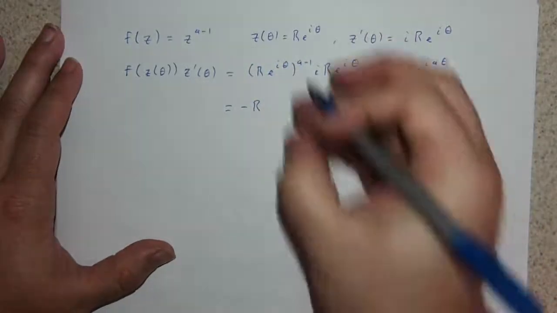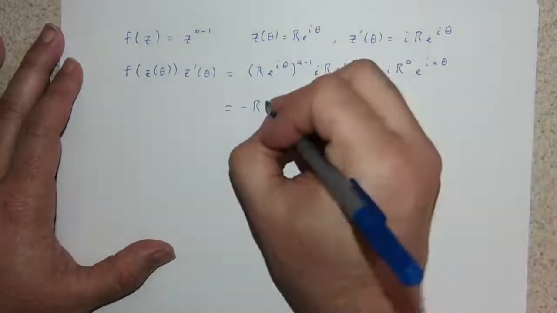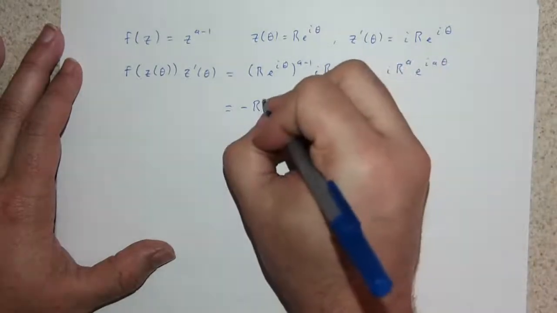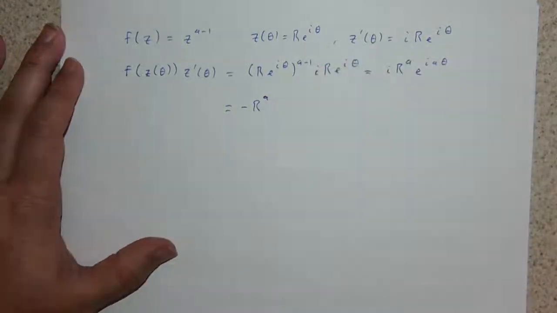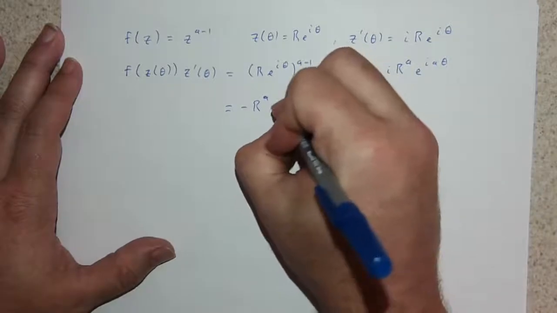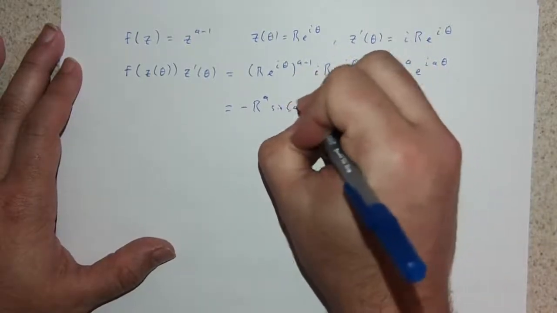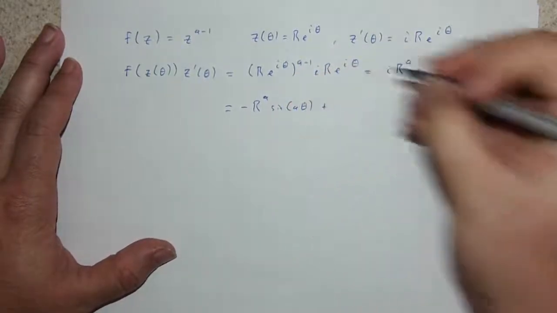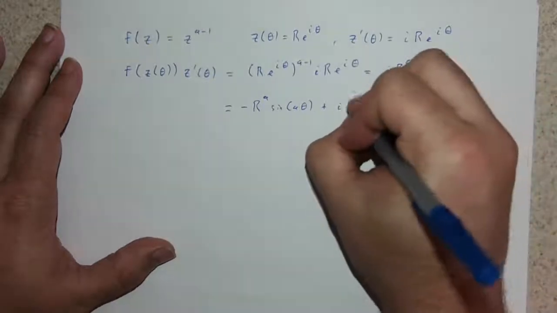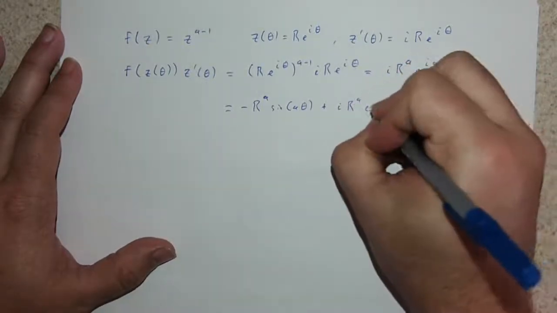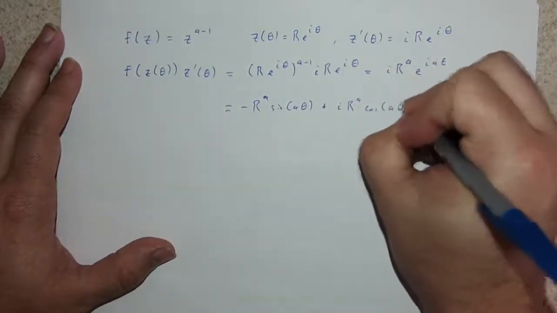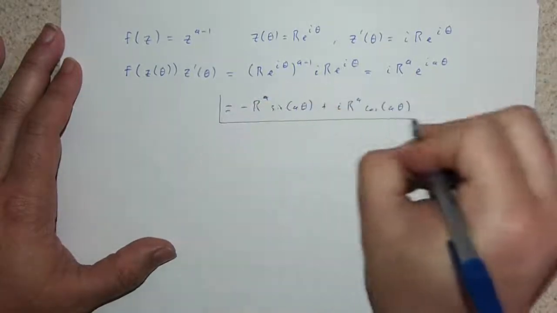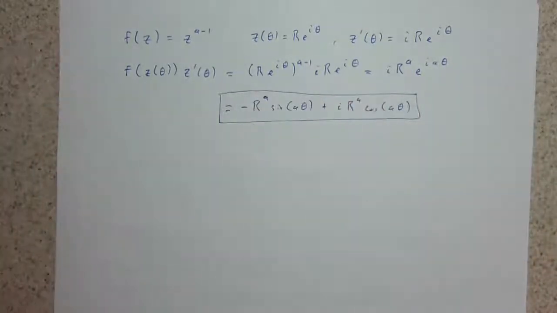Since we're multiplying by i here, the real part of this is going to be minus r to the a sine of a theta plus i r to the a cosine of a theta.